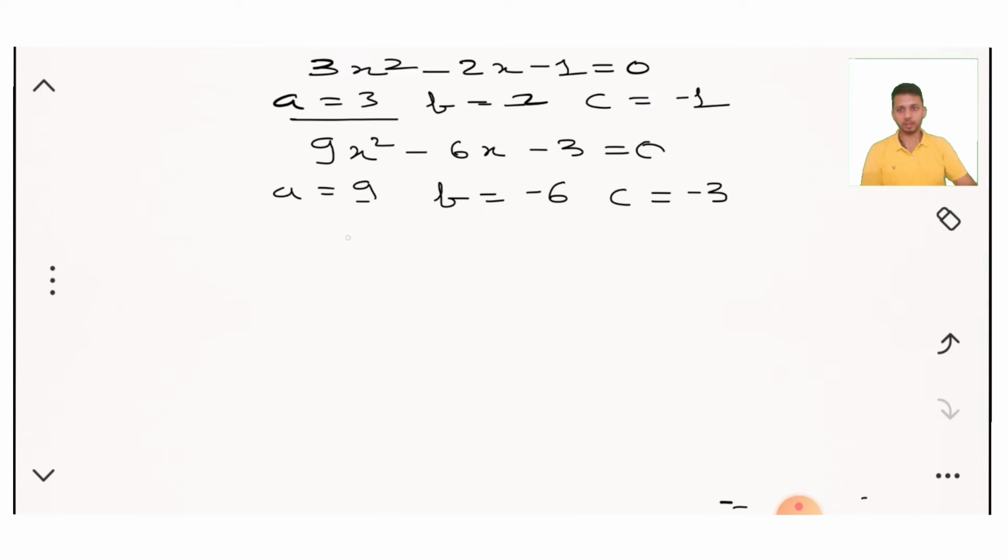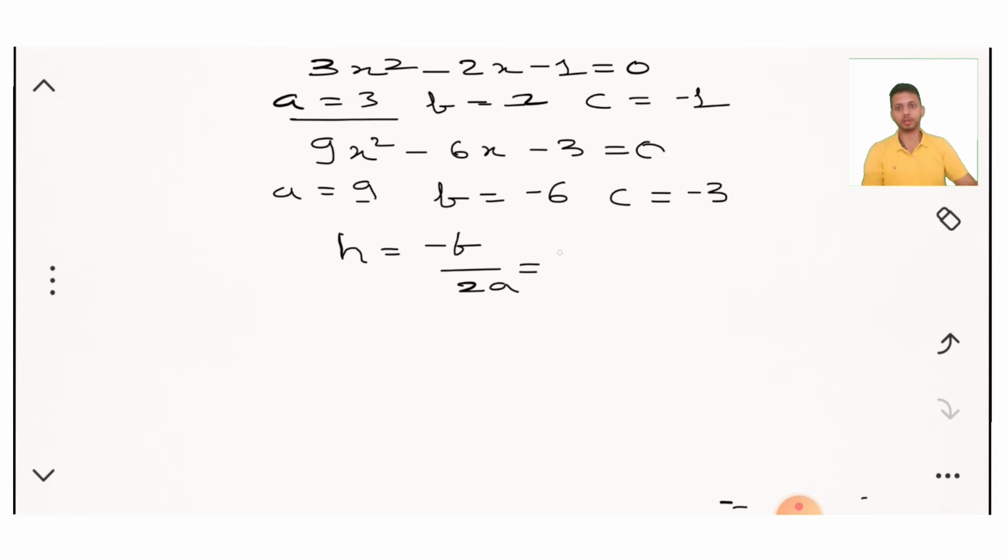We have to find the value of h. Whenever a quadratic equation is given to us, we find the value of h using minus b divided by 2 into a.